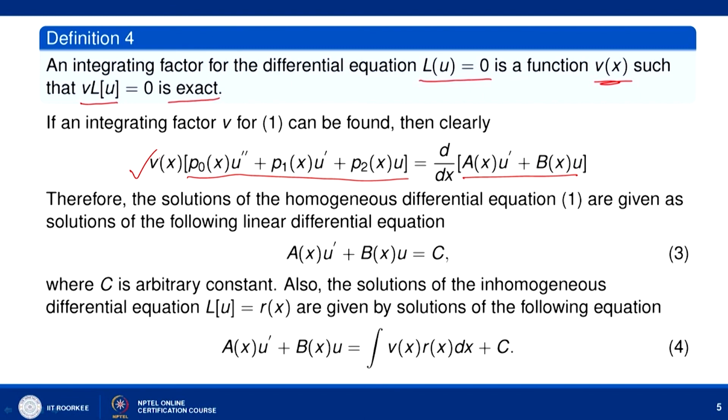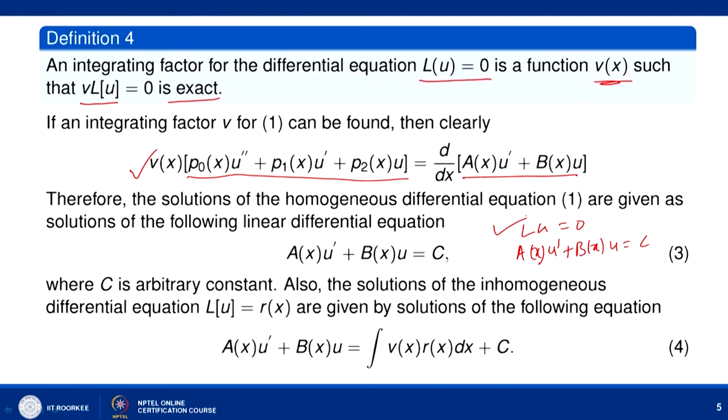And what is the use of this? Now your Lu equal to 0 is reduced to this equation a x u dash plus b x u equal to constant.